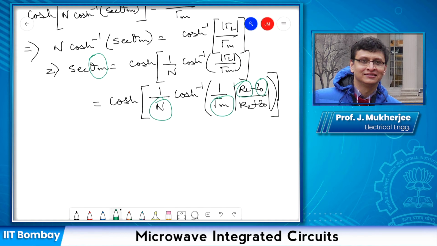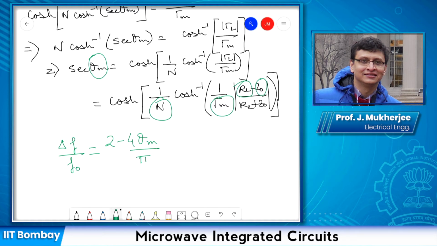And once we know the value of theta m, we can find out the fractional bandwidth delta f upon f0, which is given by this equation. So this is how we can find out what is the fractional bandwidth for a particular order of a Chebyshev prototype function when the other values like RL, Z0 and gamma m are given.